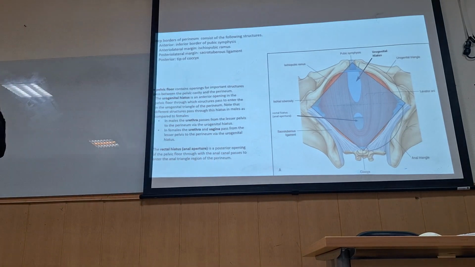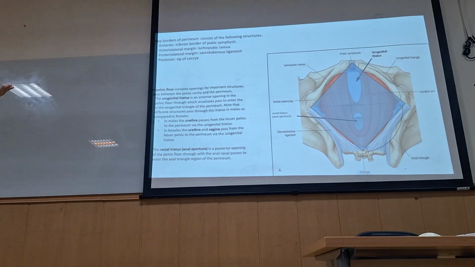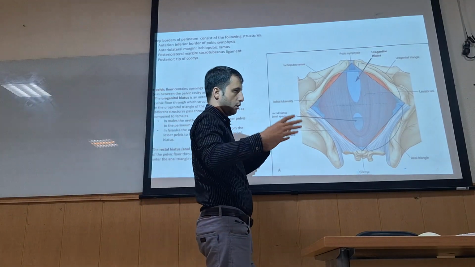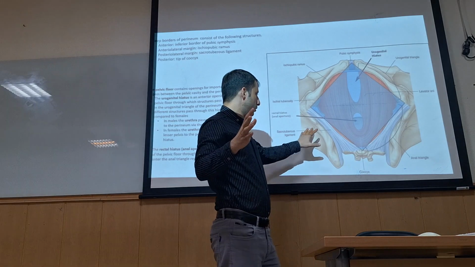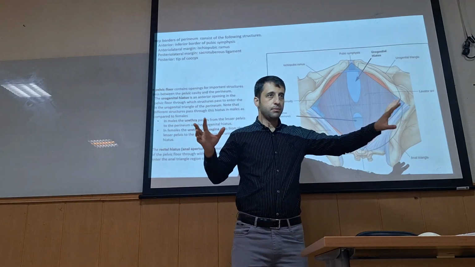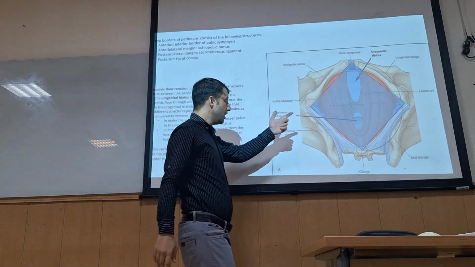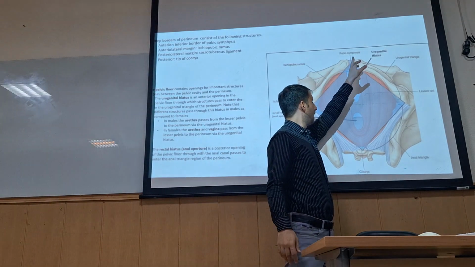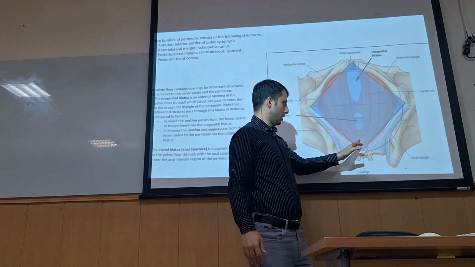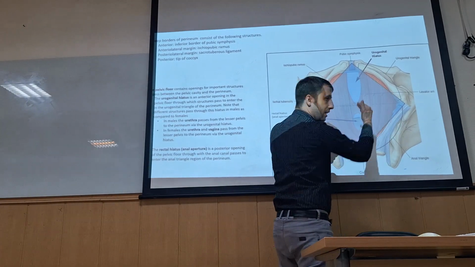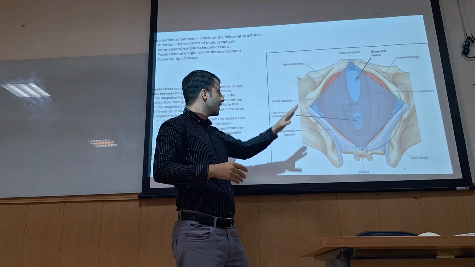The boundaries of the perineum, after surface anatomy, when I remove the skin and some of the muscles, I should describe. I say that it has anterior, posterior, two posterolateral and two anterolateral boundaries.